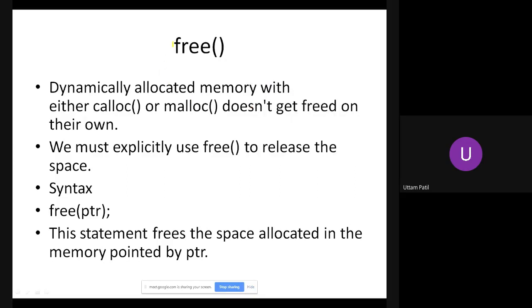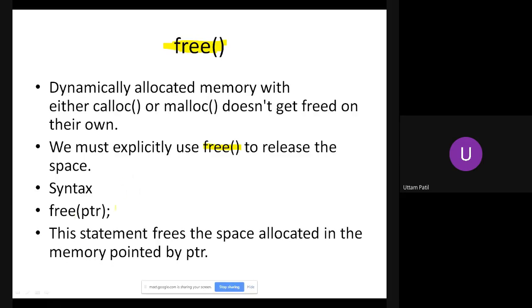So free is a function which is used to deallocate the memory, that is, free the memory. We must explicitly use the free function to release the space. The syntax for that is just this much.